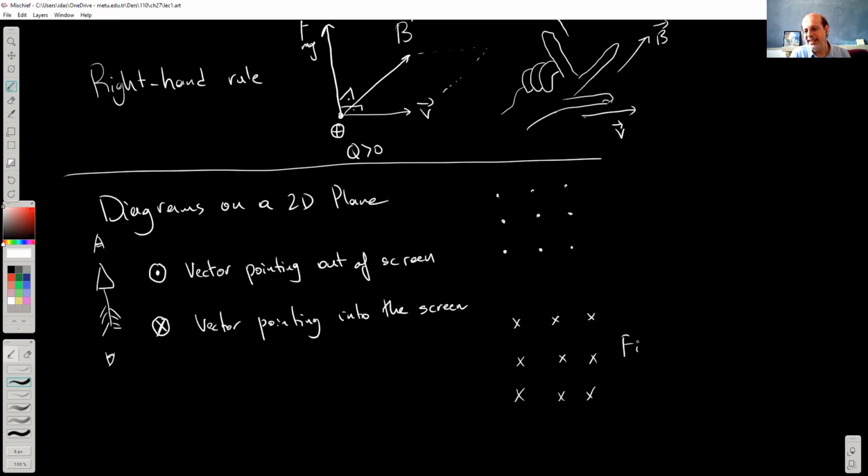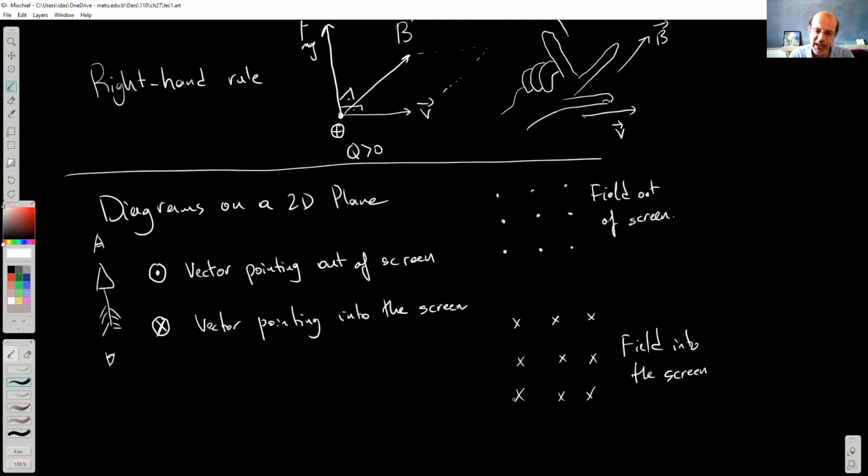So let's say it like this. This is a field into the screen. And this is a field out of the screen.